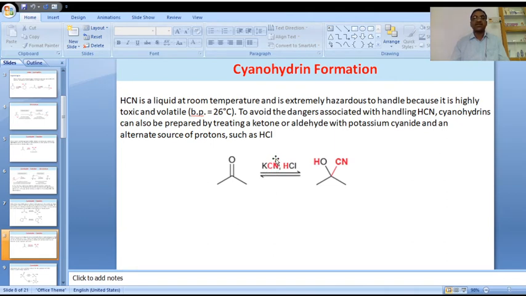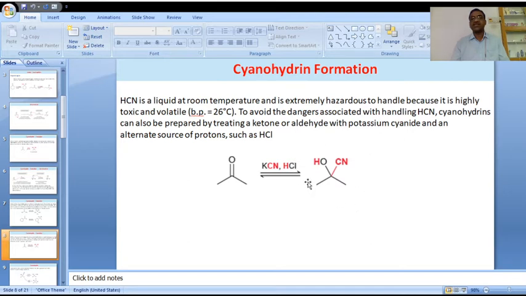The cyanide nucleophile attacks the carbonyl carbon, the pi bond cleaves, and oxygen gets a negative charge. That negatively charged oxygen abstracts a hydrogen atom from hydrochloric acid and is converted into a hydroxyl functional group.